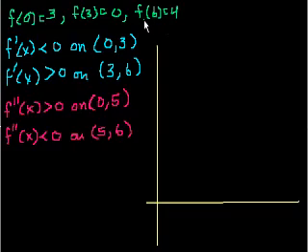I want to draw the point (6, 4). So 1, 2, 3, 4, 5, 6, and 1, 2, 3, 4. That's the point (6, 4).